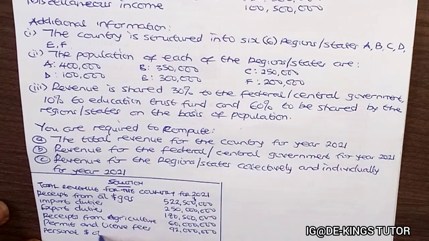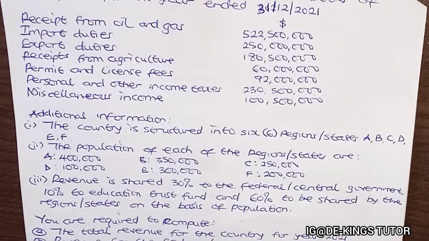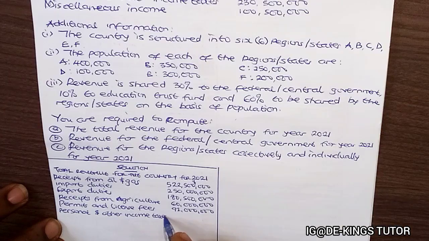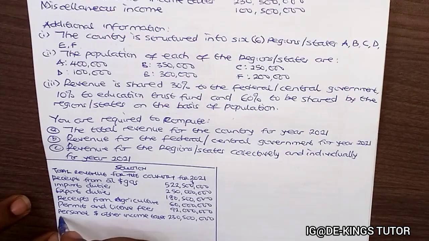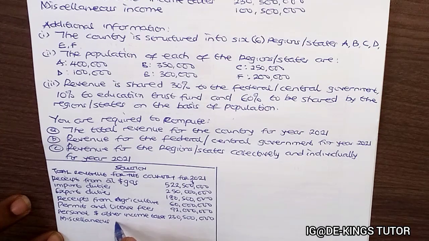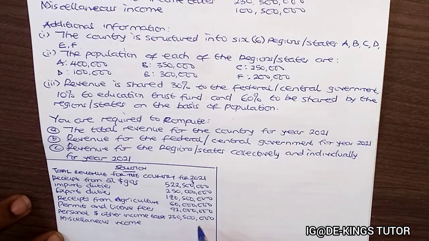The next one, personal and other income taxes 230,500,000. And miscellaneous, that's income from other sources, that's 100,500,000.